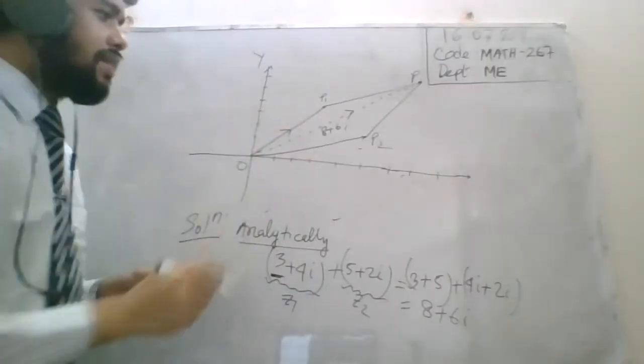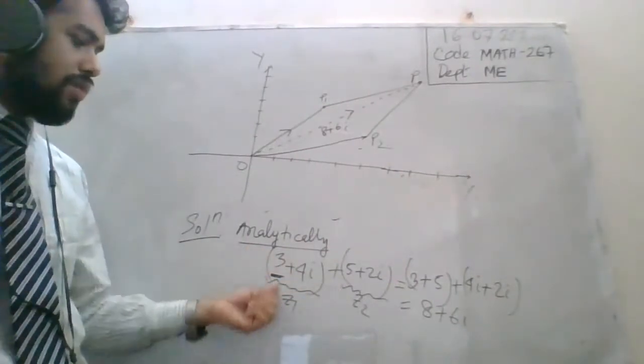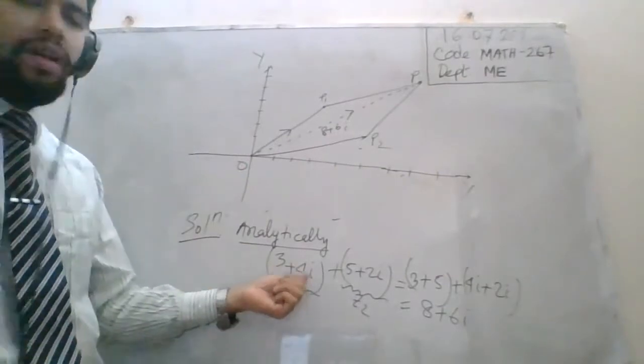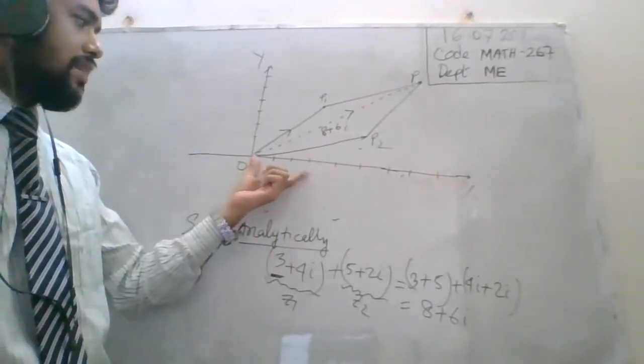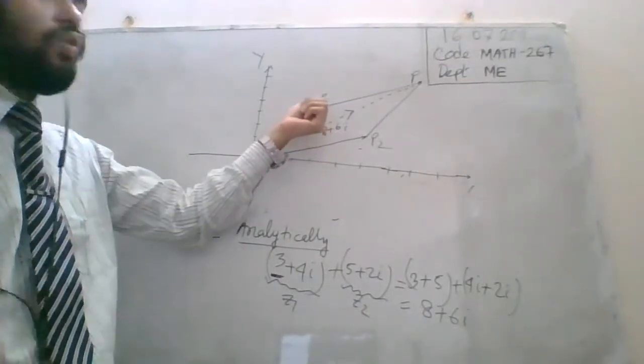Graphically you can show this figure of complex numbers. Use first z1, which is 3 plus 4i. So 3 here is 1, 2, 3, and for 4i it is 1, 2, 3, 4. You apply the y values on the imaginary axis.